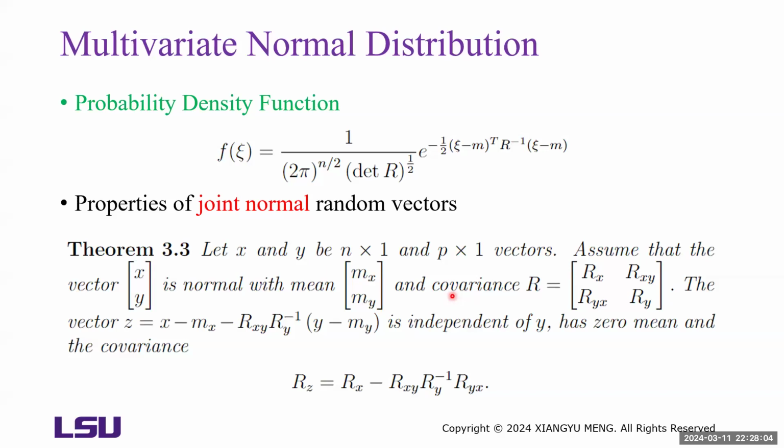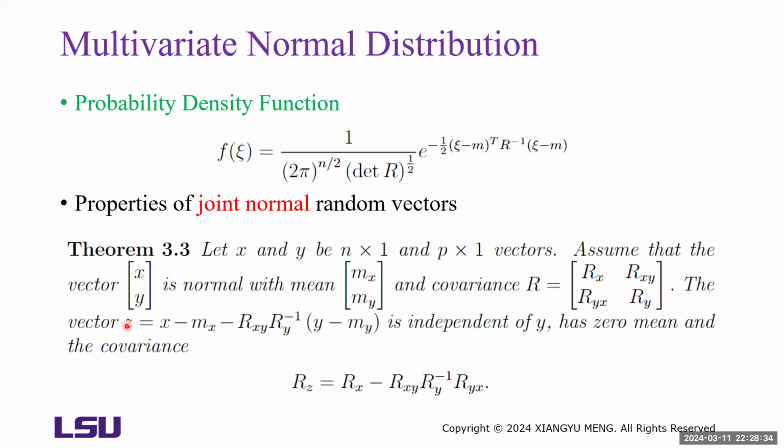The covariance matrix R will be n plus p by n plus p. Rx is the covariance matrix of x, Rxy is the cross covariance between x and y, Ryx is the cross covariance between y and x, and Ry is the covariance matrix of the vector y.